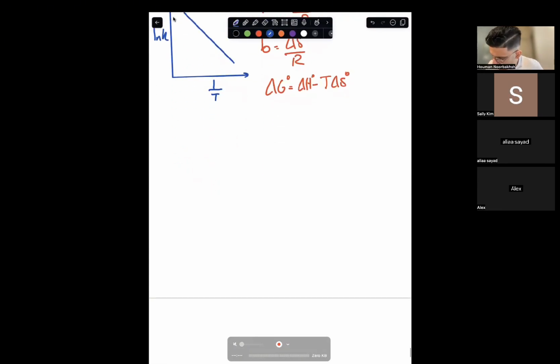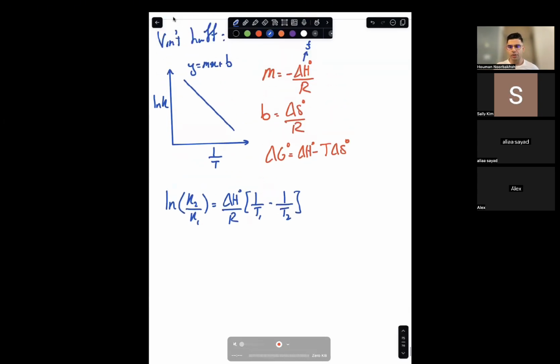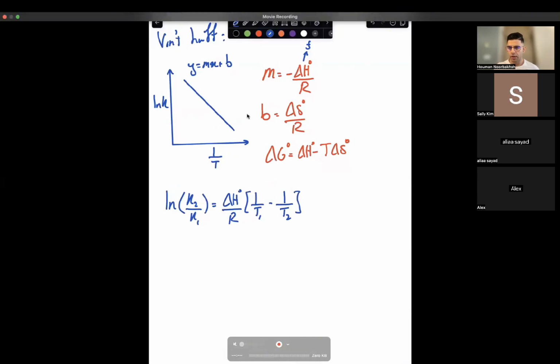It's ln of K2 over K1 is equal to delta H naught over R times (1 over T1 minus 1 over T2). Both are Van't Hoff equations, so technically this is derived from the other one. How? I don't know.